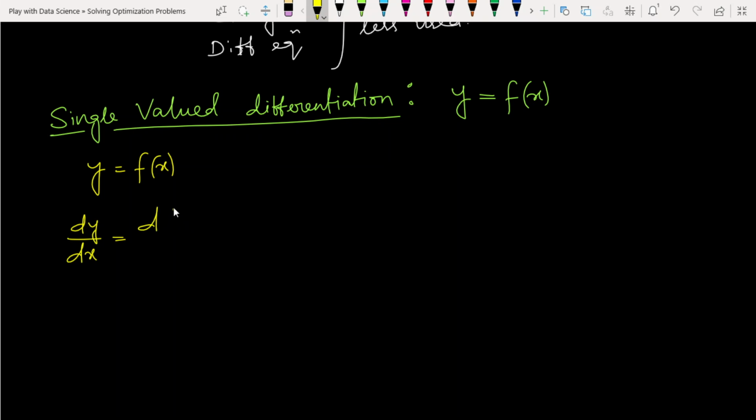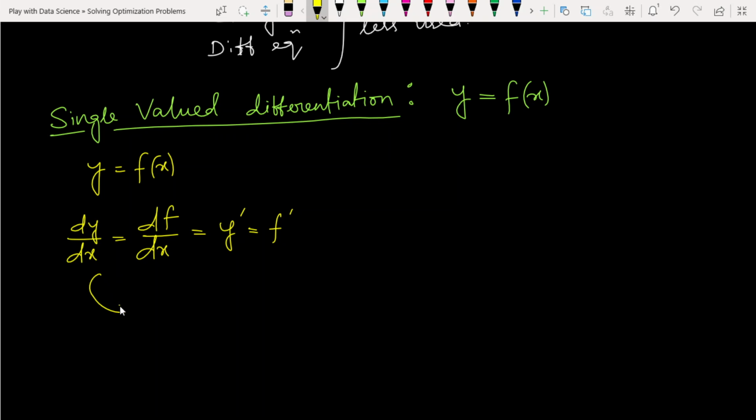Simply, df by dx is equal to y dash. It is just the notation of differentiation. dy by dx, which is df by dx, is called simply y dash or f dash.